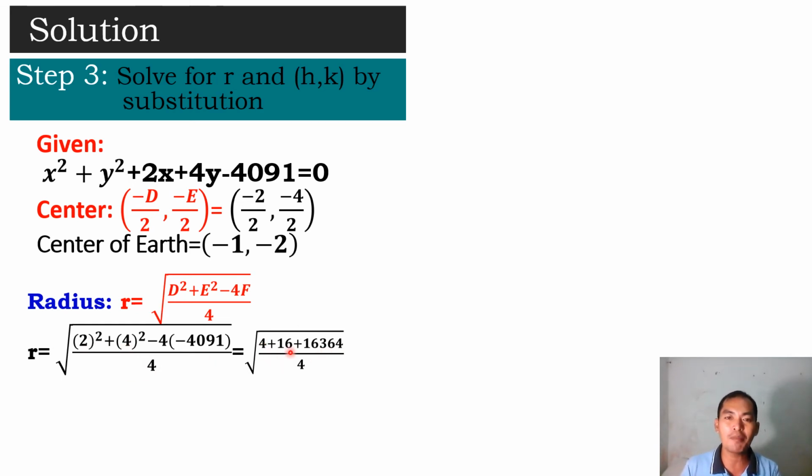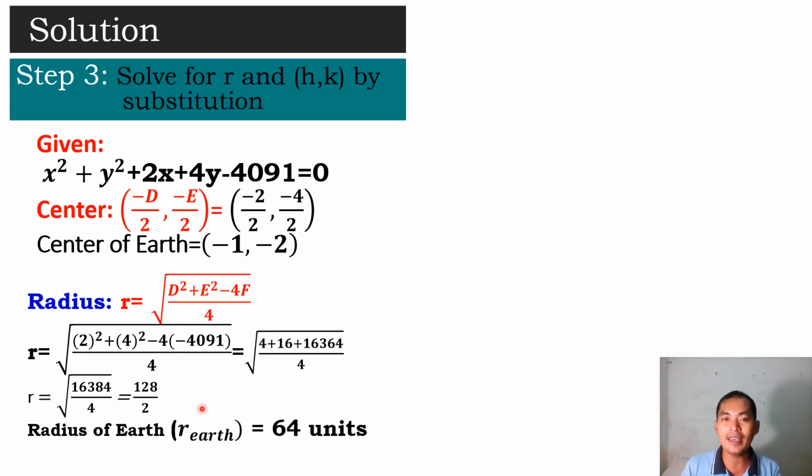When we add 4 plus 16 plus 16,364, that is 16,384. And that's a perfect square of 128. So square root of 16,384 is 128. Square root of 4 is 2. So we can divide, and that is 64 units. That's the radius of the Earth.